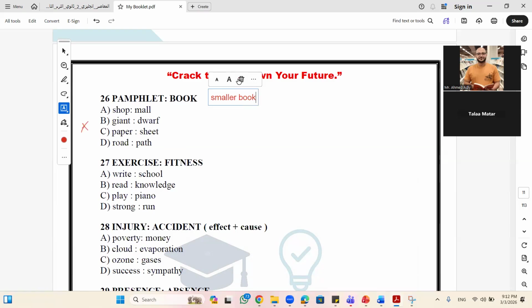A pamphlet is a smaller book, right? So is a road a smaller path? Nope. Is paper a smaller sheet? Nope. Is a giant a smaller dwarf? Nope. Is a shop or a store smaller than a mall? Yeah, perfect. So this one is the answer.